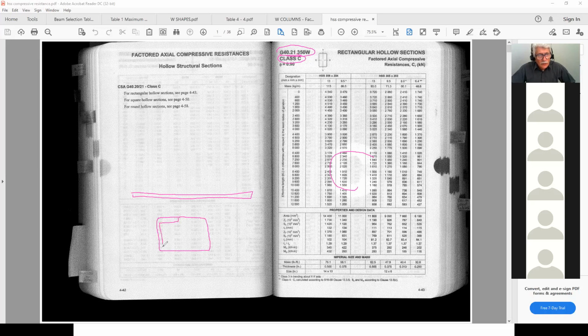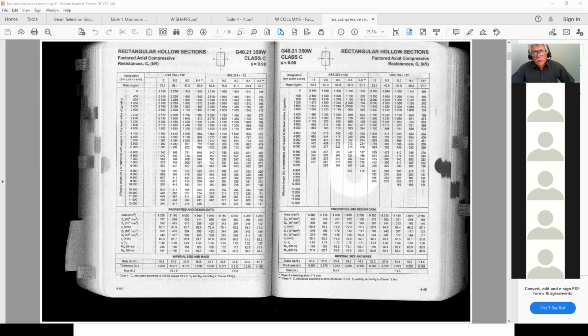That's what class C means. It's cold form. C is for cold form. And then they seam weld it all the way along. And because of this bending, the residual stress is caused by the bending, and therefore it weakens the section.